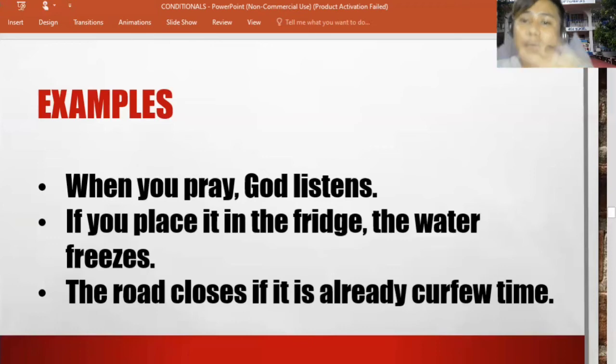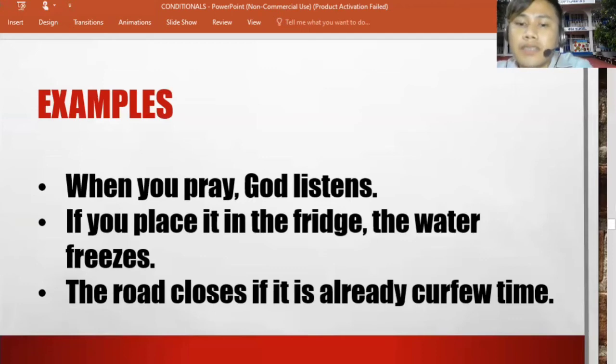Okay, so now I want you to give your examples also under zero conditional. You just have to make sure that your sentence deals with your habits or factual information or general truth about anything that is existing in our world.